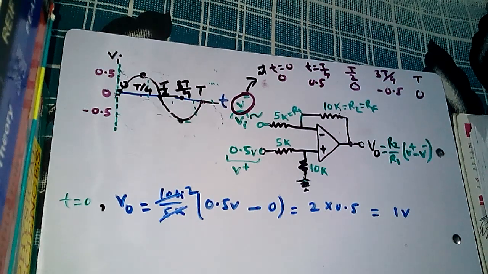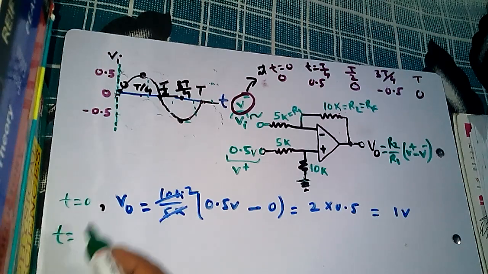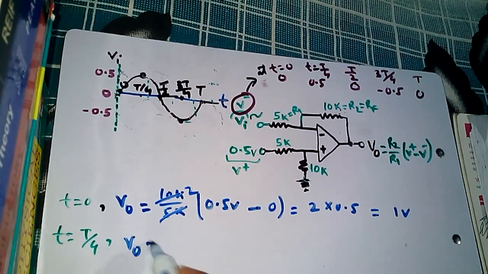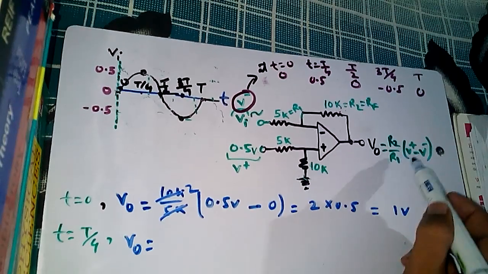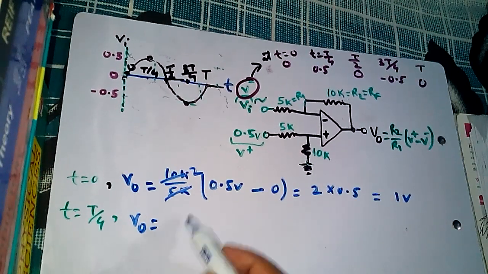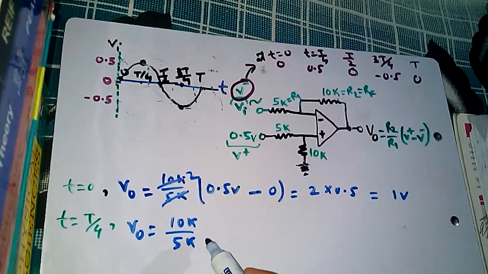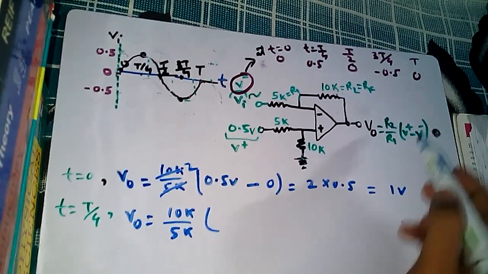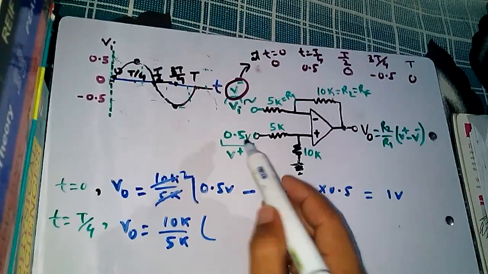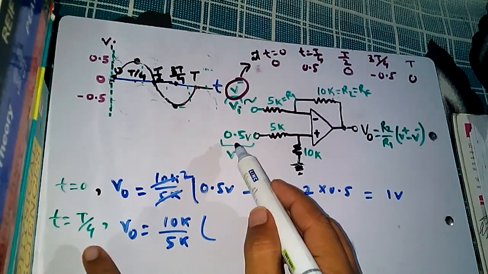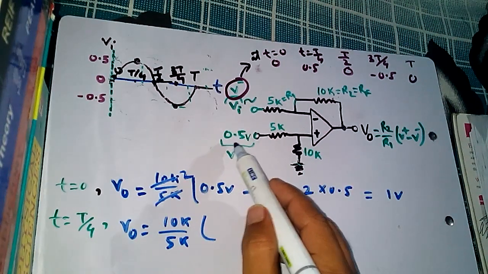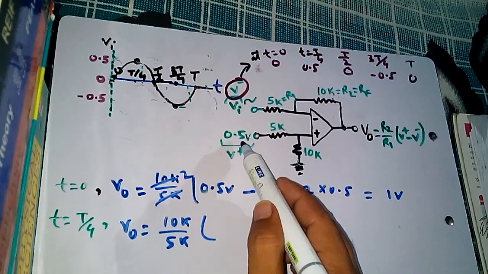Next we will find the output at t equal to quarter of the time period. Again we use the formula R2 by R1, V plus minus V minus. So it is 10 k ohm by 5 k ohm into V plus. At time T by 4 it is again 0.5, because it is always 0.5.